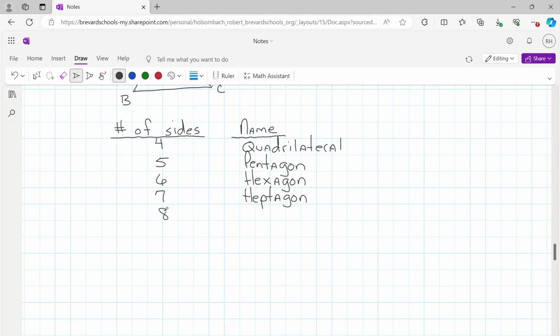And 8 sides is an octagon. Nine sides, nonagon. And 10 sides is a decagon.